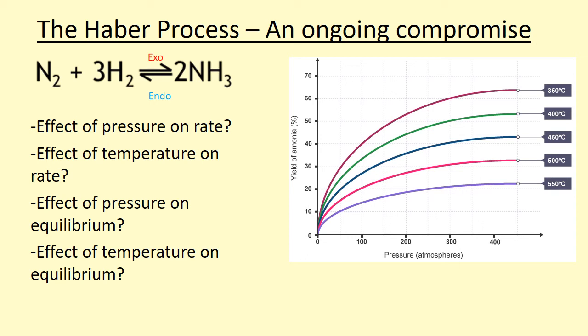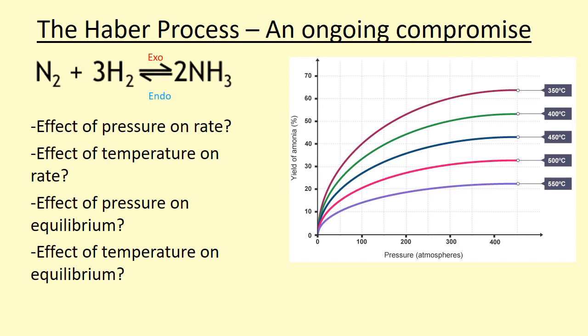When we increase temperature, we give the molecules more kinetic energy, so they are flying around more, and so they are more likely to collide, and when they do collide, they are more likely to collide with a sufficient or minimum amount of energy, the activation energy, so that those reactions are more successful. So both increased pressure and increased temperature increase the rate of reaction.